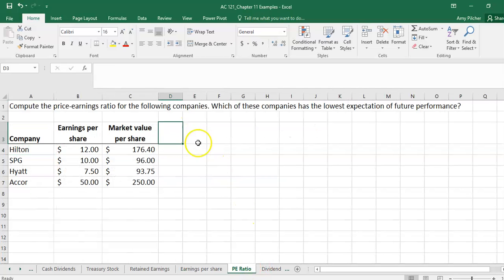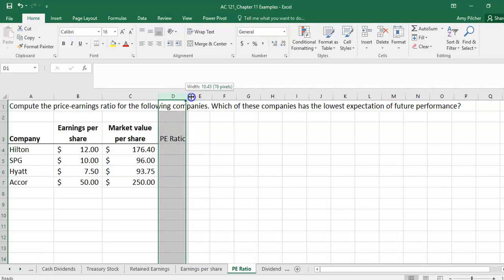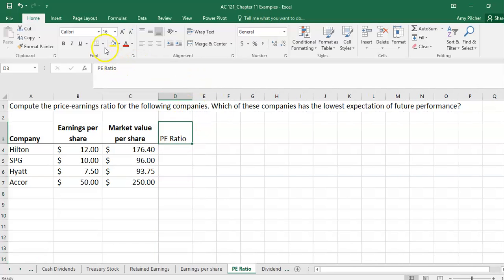This example looks at the PE ratio. The PE ratio is one of the main ratios, along with the dividend yield, which we'll look at next, that looks at the growth opportunities for stock in the financial market. When we look at the PE ratio, this is the market value per share divided by earnings per share.